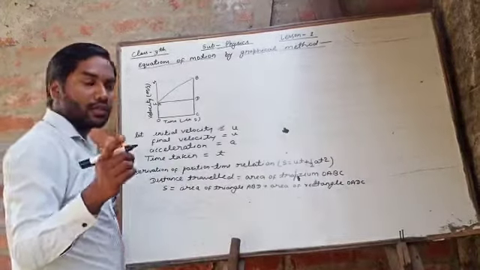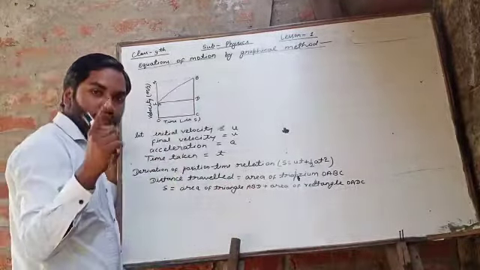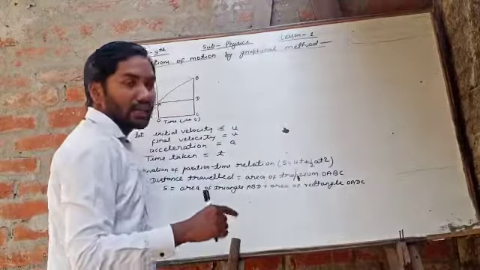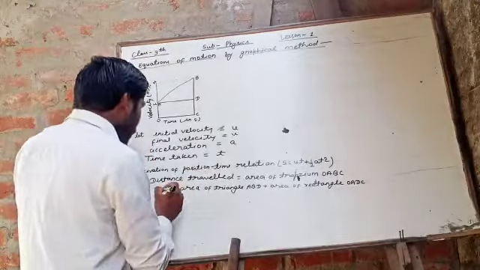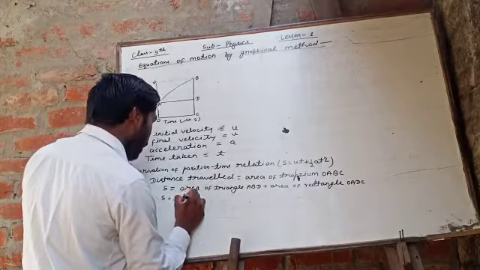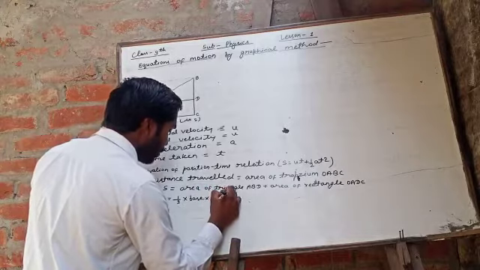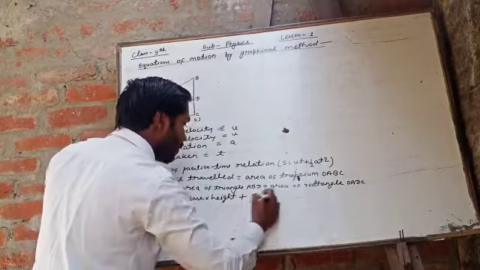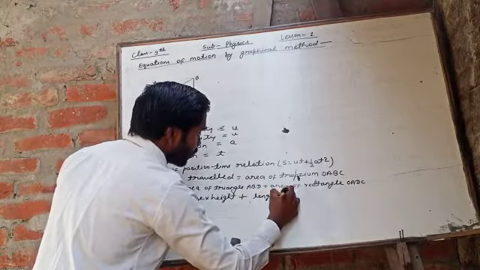And we know that the area of a triangle is 1/2 into base into height, and the area of a rectangle is length into width. So S is equal to 1 by 2 into base into height plus the area of rectangle, length into breadth.